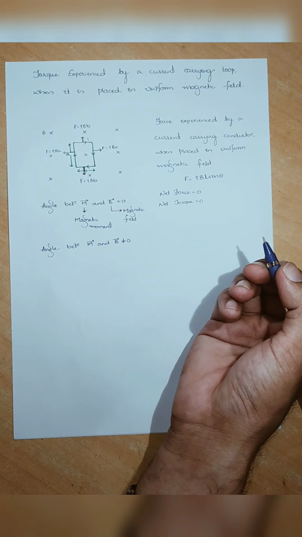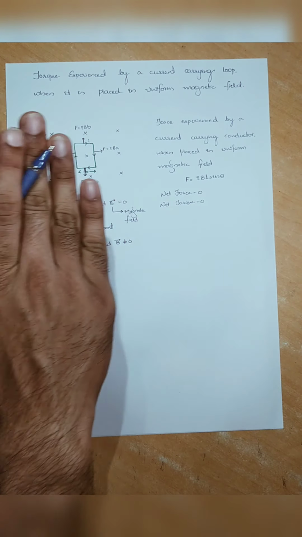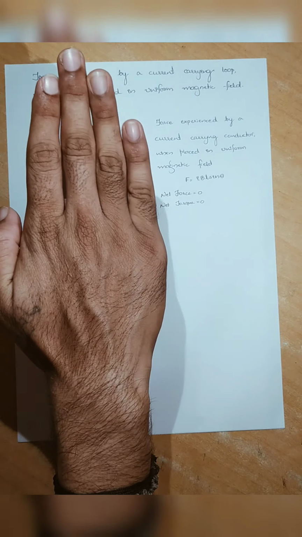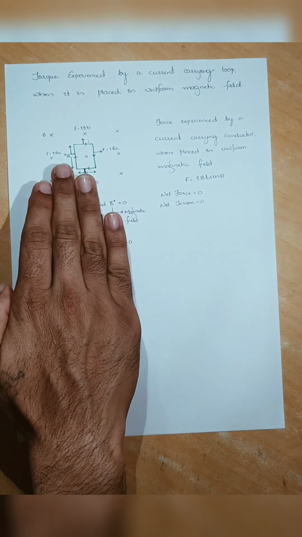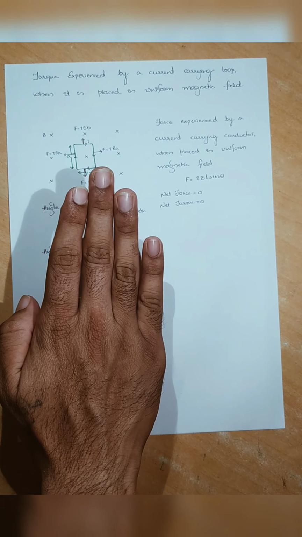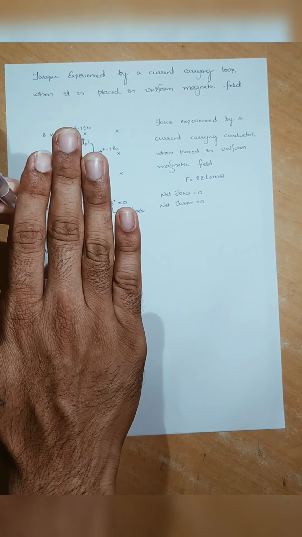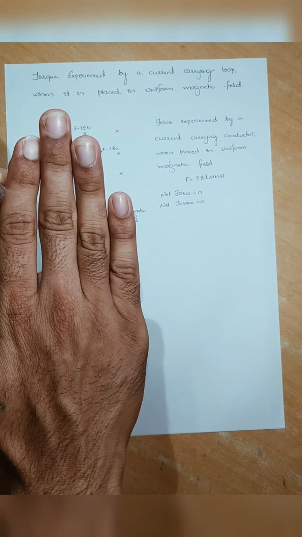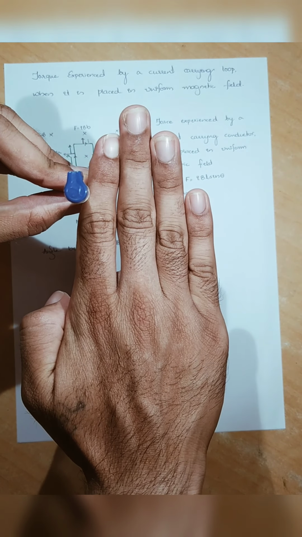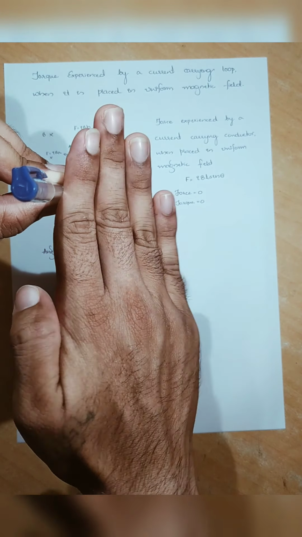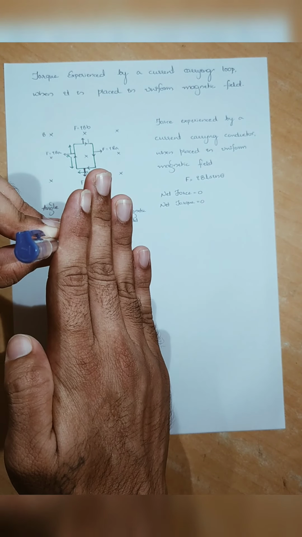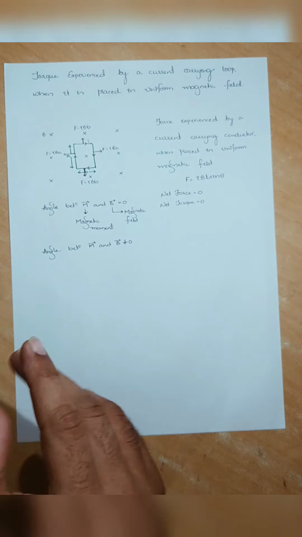That means this complete coil which we had placed like this, we are going to tilt it like this. Let us imagine the direction of the pen pointing inside is the magnetic field. Earlier it was like this. Now we are tilting the position of the current carrying loop. Clear?